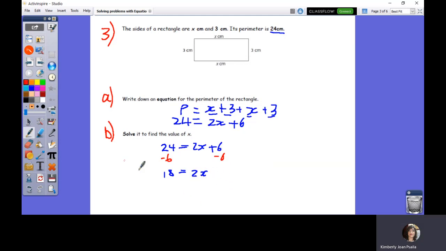In order to get rid of that 2, I have to divide both sides by 2. Okay. 18 divided by 2 gives us 9, which is equal to x. Therefore, x here has a value of 9. So the length of our rectangle is 9 centimeters. Do not forget to write the units. Okay?